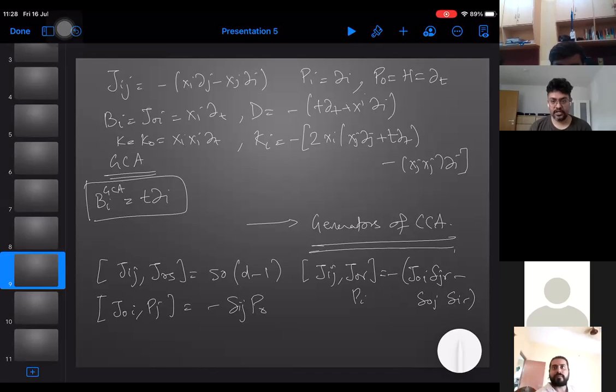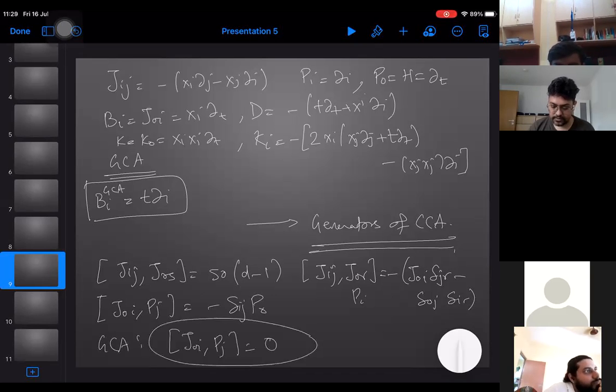So again, over here, as you can see, before, from the Galilean part, the GCA part, this was 0. So there's a difference between the two algebras.